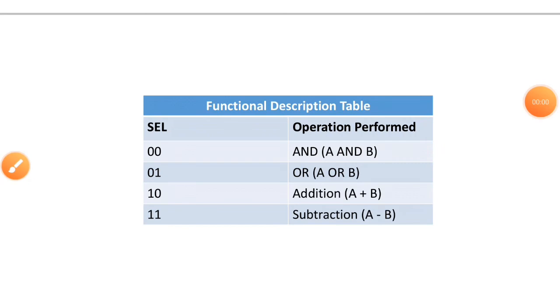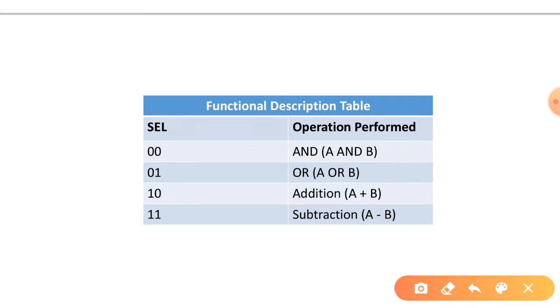This is the functional description table of the ALU which we'll be designing. It contains the information that depending on which combination of the select signal, which operation will be performed. As you can see, if the select signal is 00, then the AND operation will be performed. If 01, then OR.